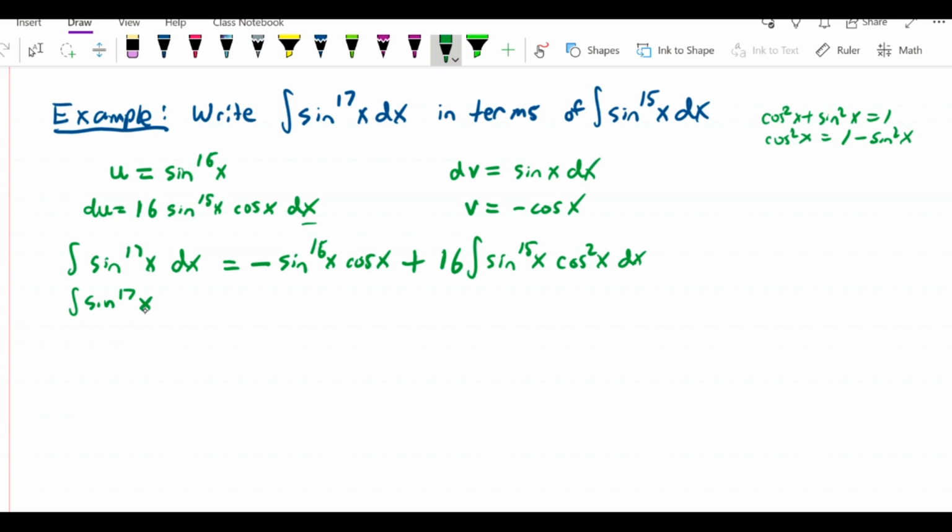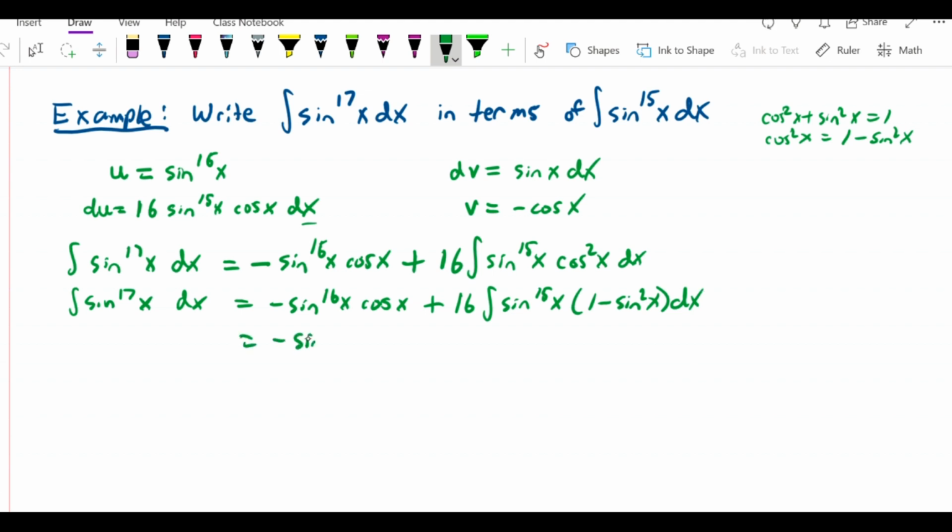Sine to the 17th x dx equals negative sine to the 16th x cosine x plus 16 integral of sine to the 15th x times 1 minus sine squared x dx. We want to do one more simplification before we go on.